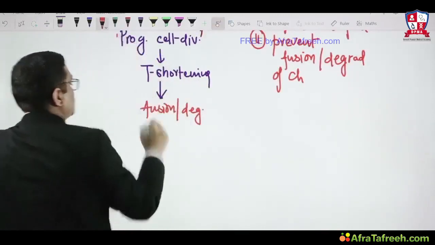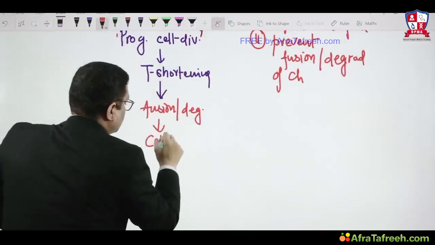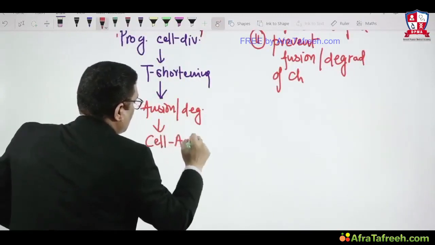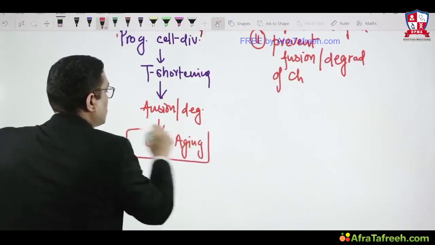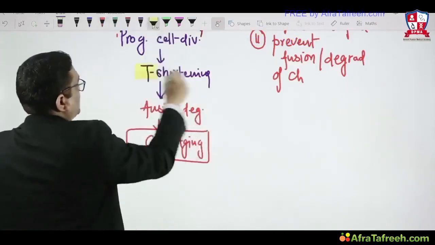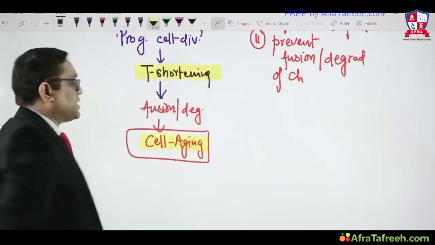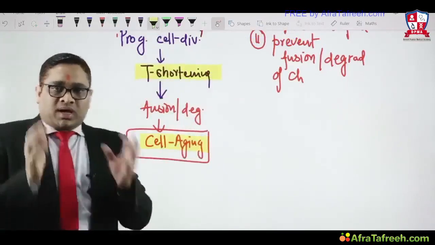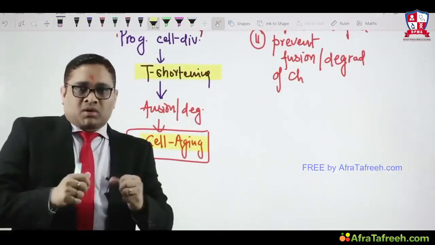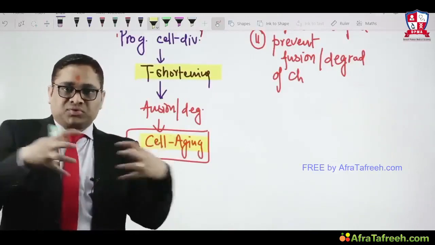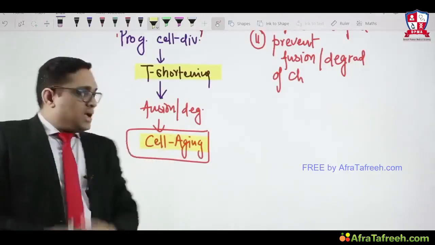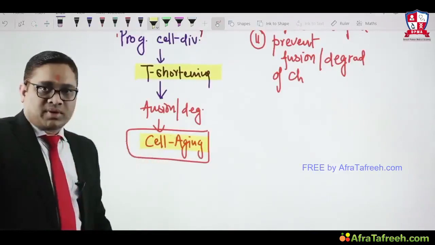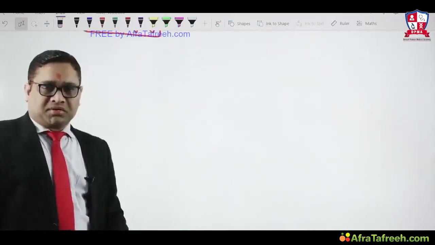This is promoting cell aging. So that is how we see cellular aging. When the entire telomere is used up, chromosomes become naked, fuse together and are degraded, and this is called cellular aging. Telomere shortening is associated with aging.